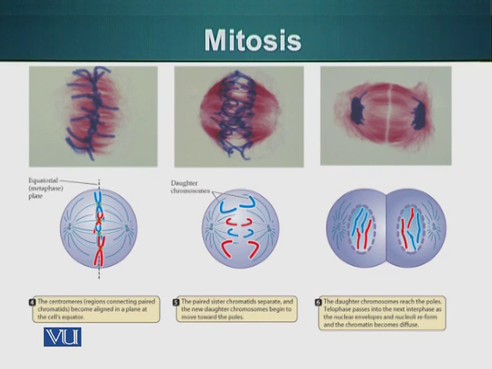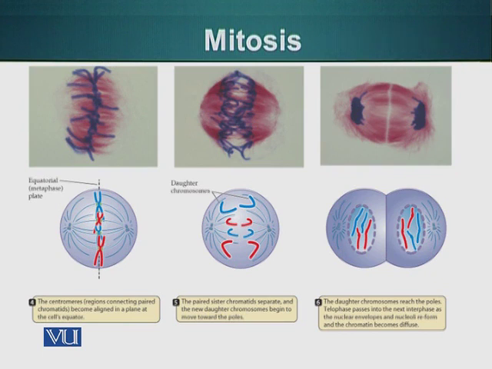At this stage, the chromatids are not attached to each other because the glue that was binding them has been degraded, and the two chromatids move towards the opposite ends of the poles. In the next stage, telophase, the nuclear envelope starts to form. Our chromosomes have already moved to the opposite end of the cell.